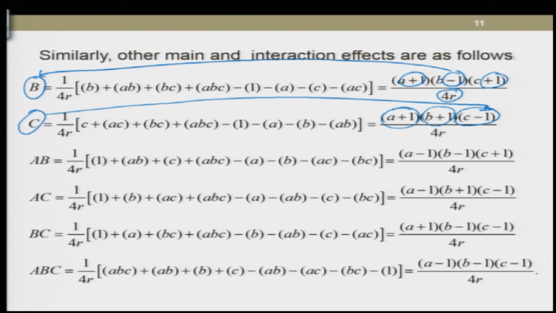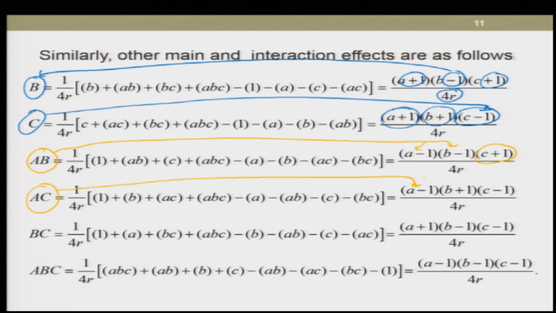And similarly, when I consider AB, there are 2 letters A and B which are common here. So, I will denote both the things by minus 1, and there is no C here, so I use the plus 1 sign. Similarly, for AC also there are 2 common letters A and C. So, A is here negative and C here is with minus 1, and B will come here as plus 1.